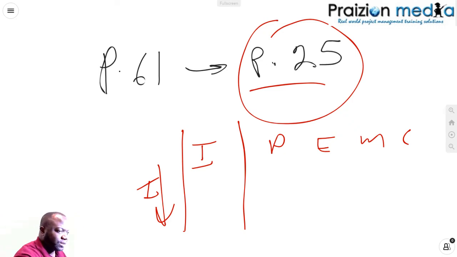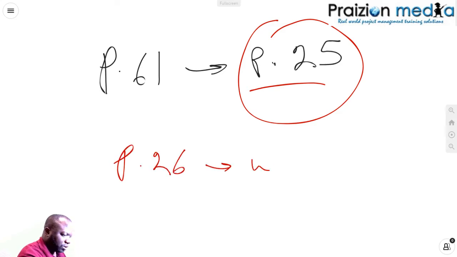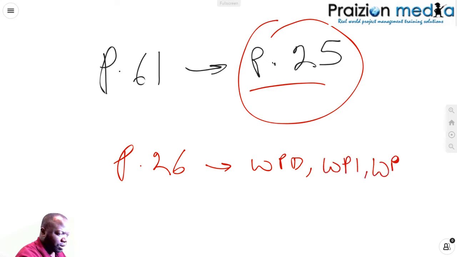Page 26 is also an important page, and I'll say go for page 26 too. Page 26 defines these three important recurring themes. So page 26, WPD, WPI, and WPR. Those three are talked about as an introduction on page 26.